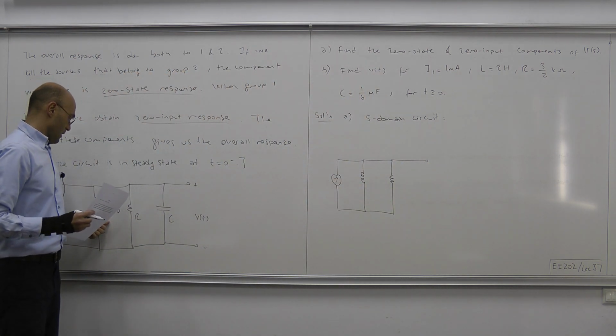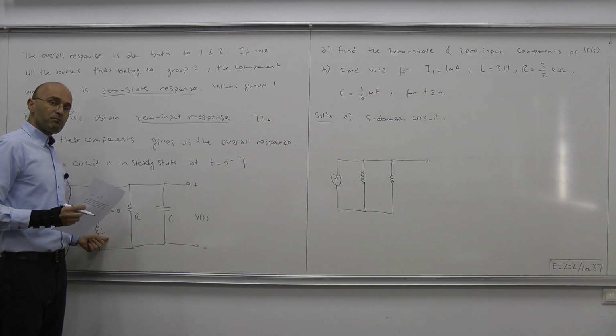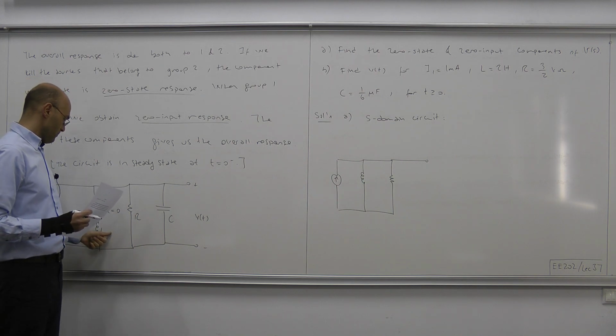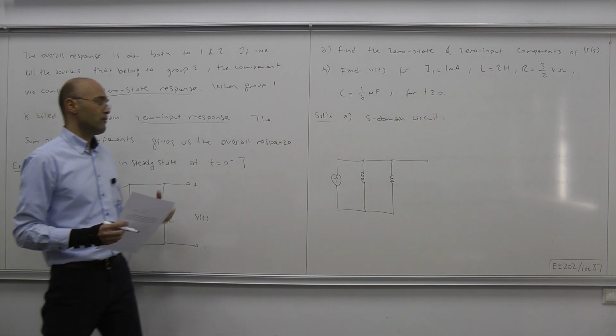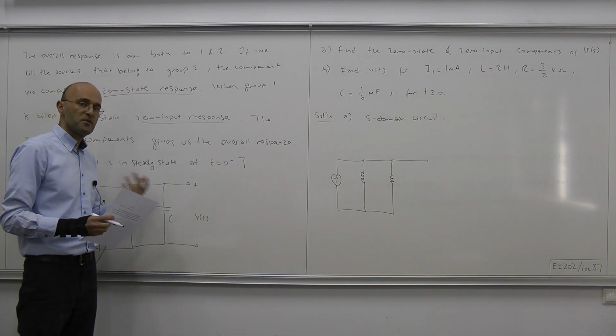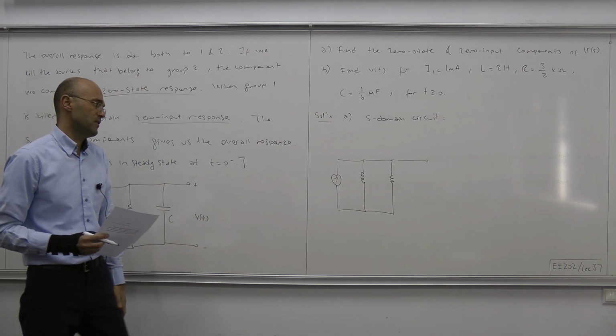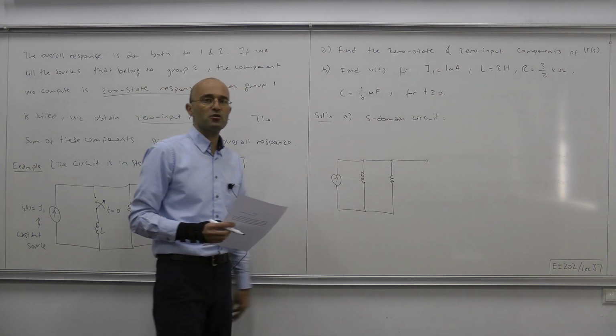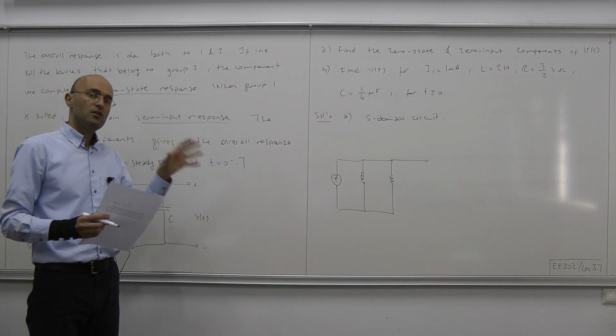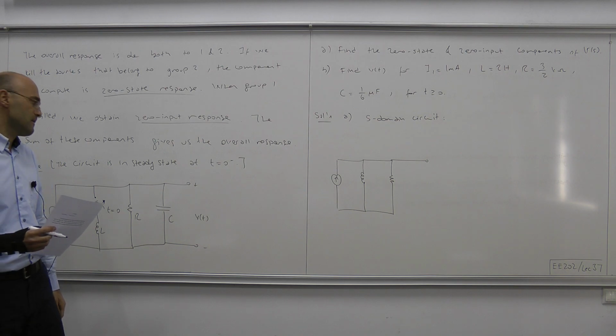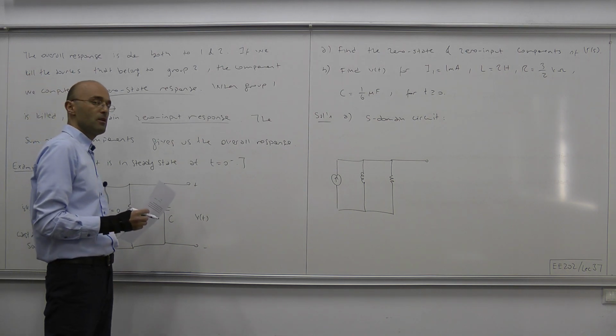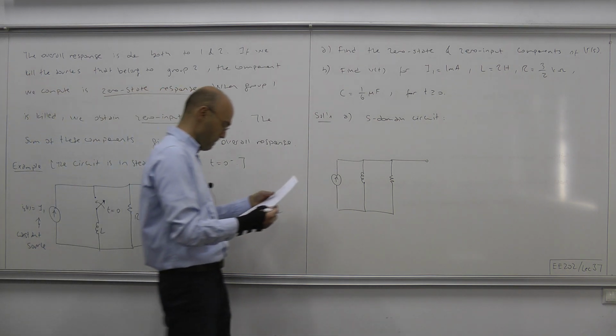Now since the inductor current is 0, the inductor in time domain will be represented only by its impedance. There will be no independent sources associated to the initial condition of the inductor in S domain, because the initial inductor current is 0.